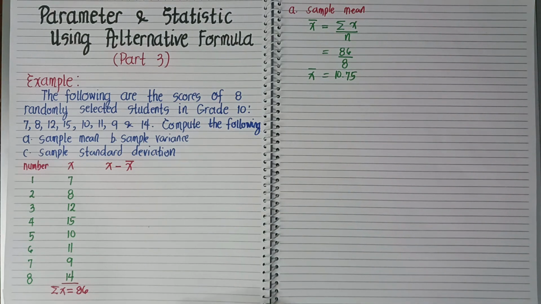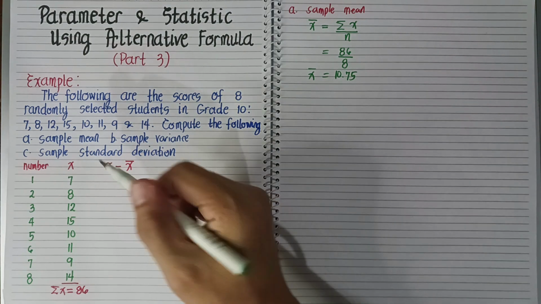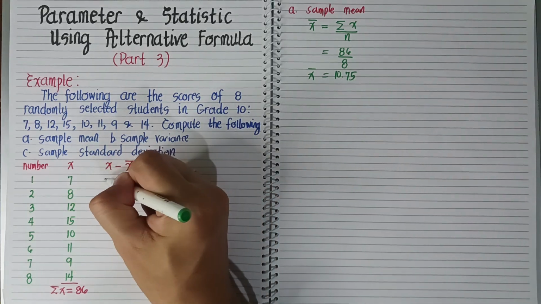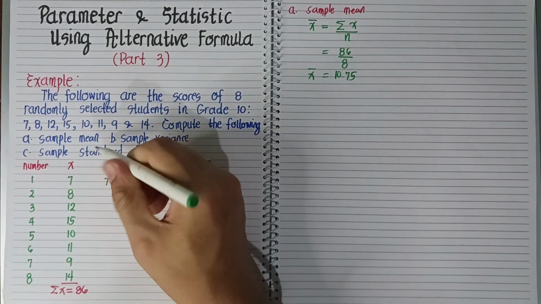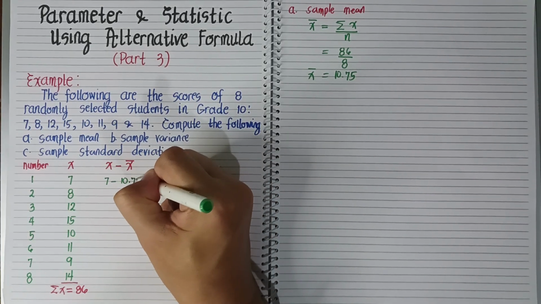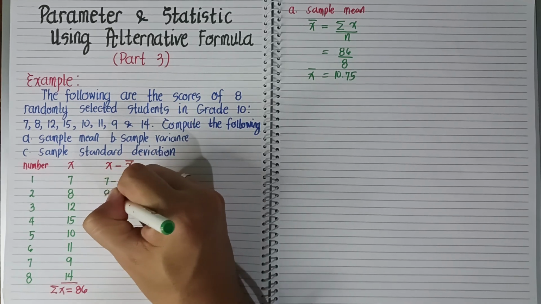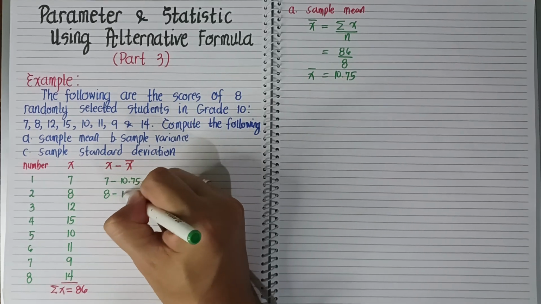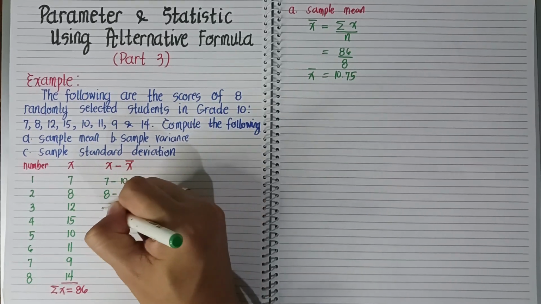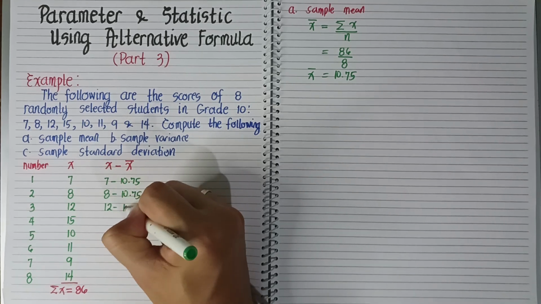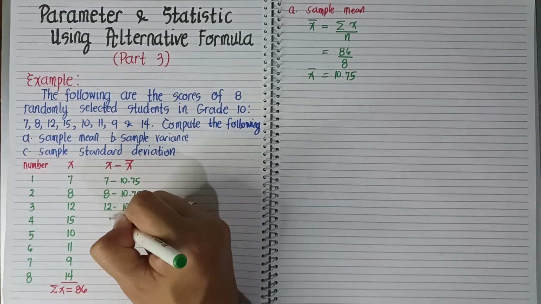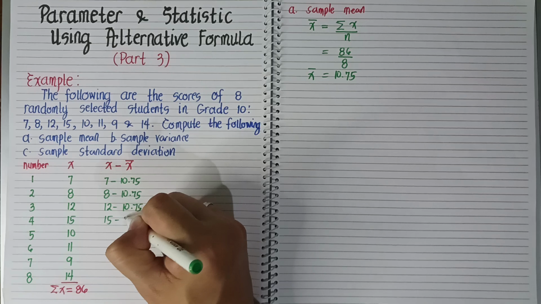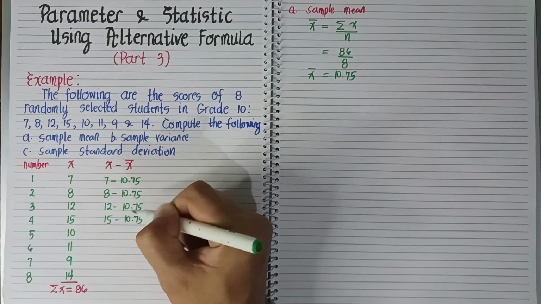Okay. So, here guys, we have 7 minus 10.75. 8 minus 10.75. 12 minus 10.75. 15 minus 10.75.